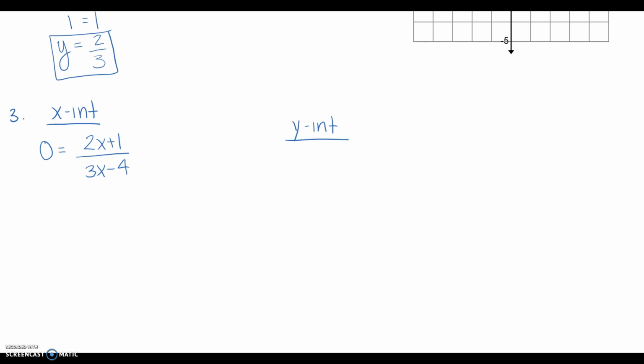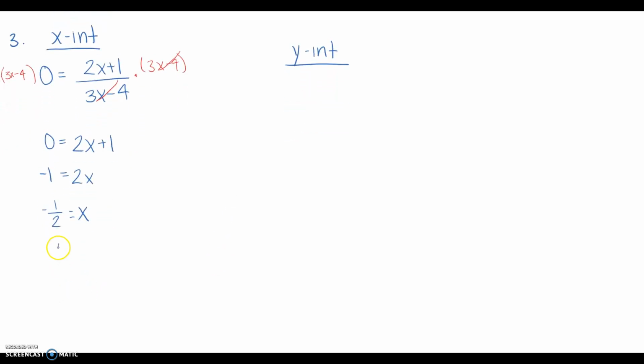To start solving, the first thing we're going to do is multiply both sides by 3x minus 4 to get rid of it in the denominator. And we're left with 0 equals 2x plus 1. Now we just subtract 1, divide by 2. So that is our root, or our 0, so we need to rewrite it as negative 1/2 comma 0 to have an x-intercept.